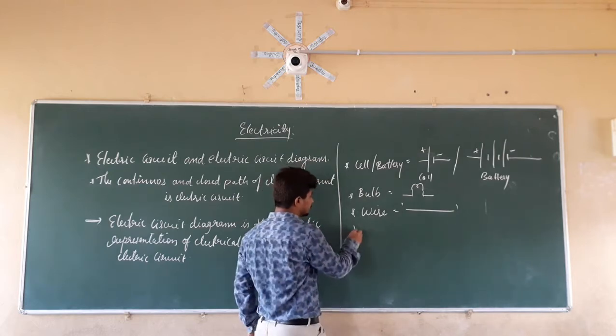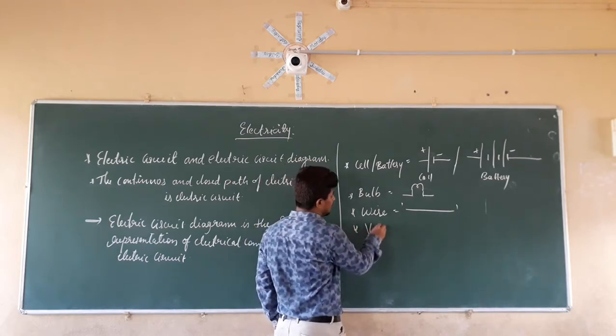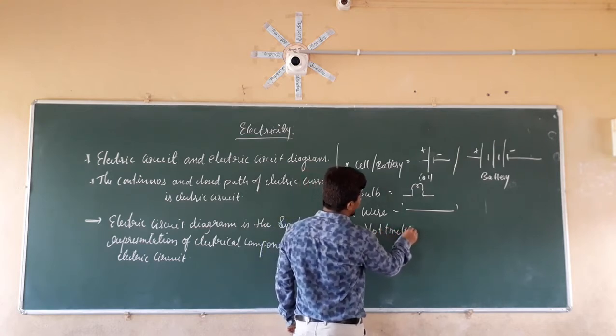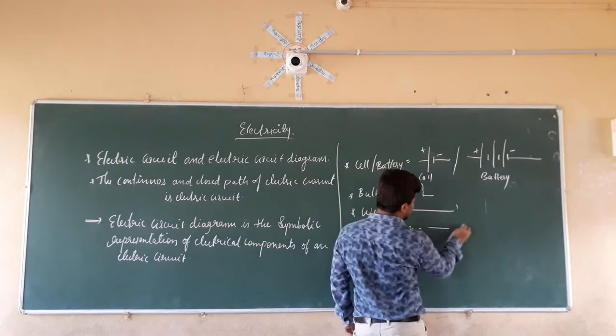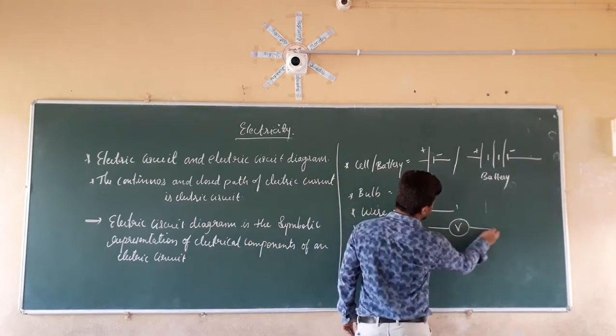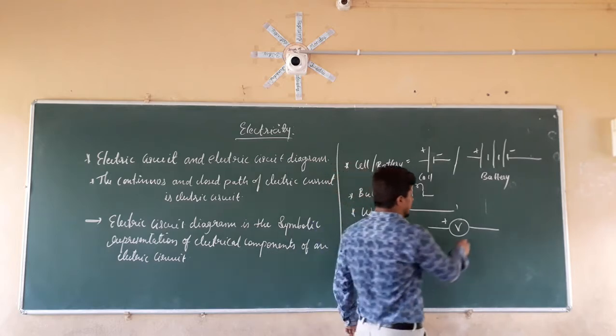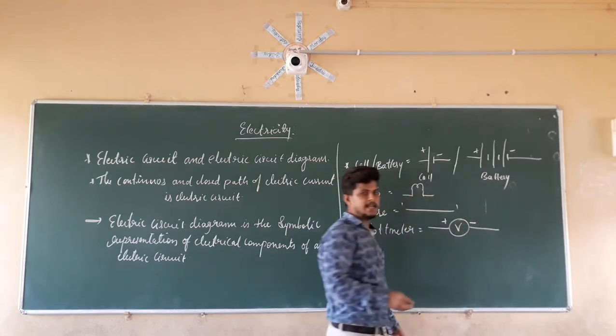Next, we have the voltmeter and the ammeter. The voltmeter connection is shown like this. If it is connected to the positive terminal in this wire, this will be the positive; if it is connected to the negative terminal, this will be the negative.